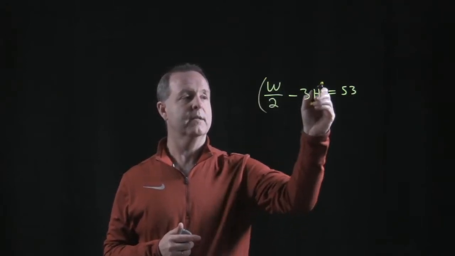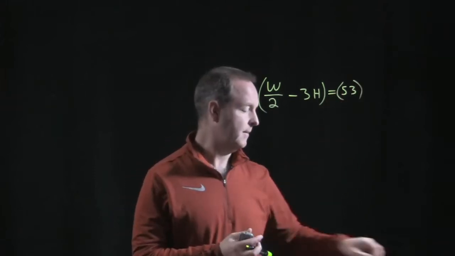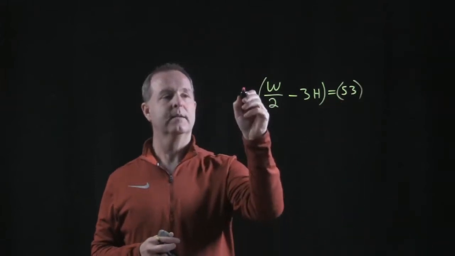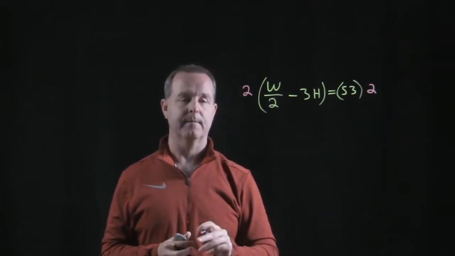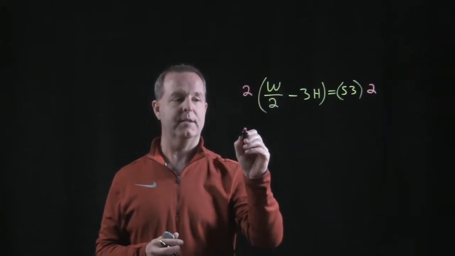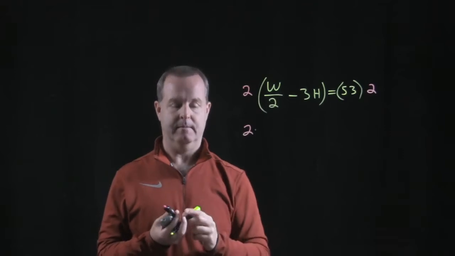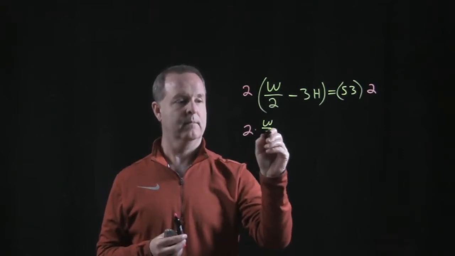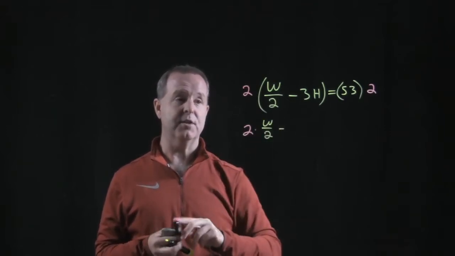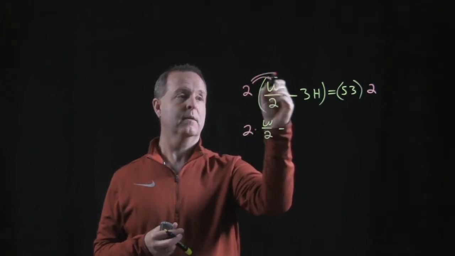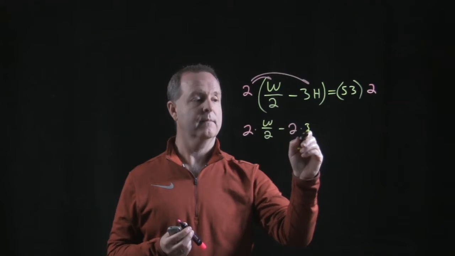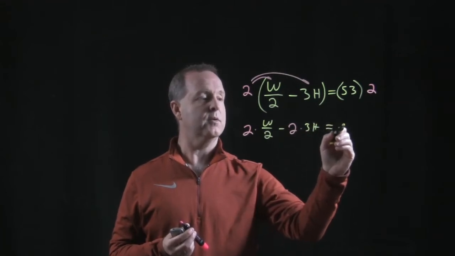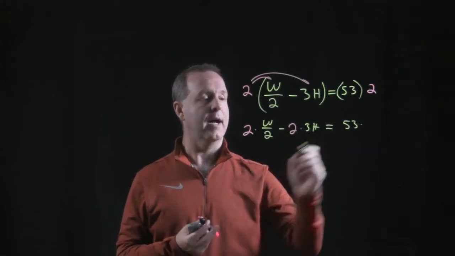So imagine what would happen if I multiplied the left side by a 2 and the right side by a 2. I distribute the 2, so I have a 2 times my first term. I have to distribute the 2 to both terms, so now I have a 2 times a 3h equals a 53 times a 2.